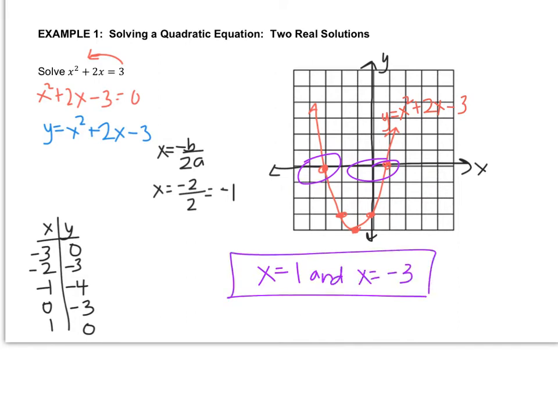Now, if you want to, you can plug it back into the equation all the way up here and see if you get a true statement. You can always do that with any equation. Back here in example 1, the title of the example said 2 real solutions, and it crossed 2 times.